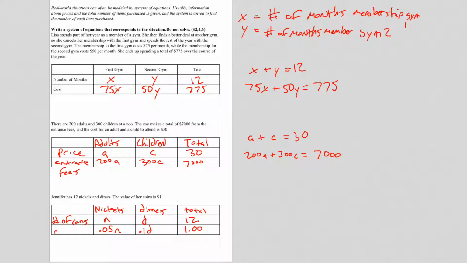So this represents the total amount of money. And then you wind up with the two equations. N plus D equals 12. 0.05N plus 0.1D equals 1.0. So give them a moment to write that down in your notes, and then we'll move on to solving two problems very similar to these examples.